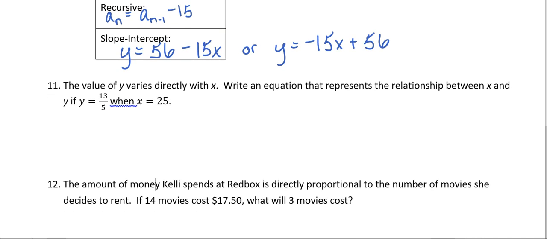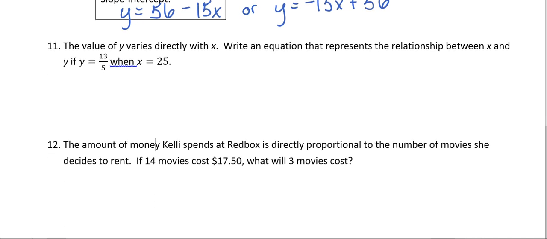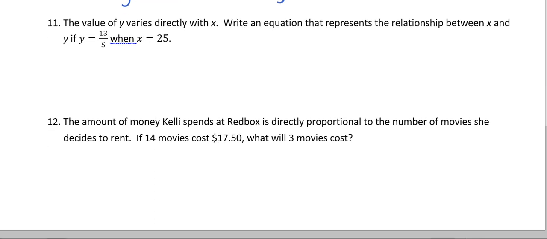Number 11. The value of y varies directly with x. Write an equation that represents the relationship between x and y if y equals 13 over 5 when x equals 25. The first thing I felt I needed to do was change this to a decimal, because for direct variation I need to figure out how much of it is for 1.